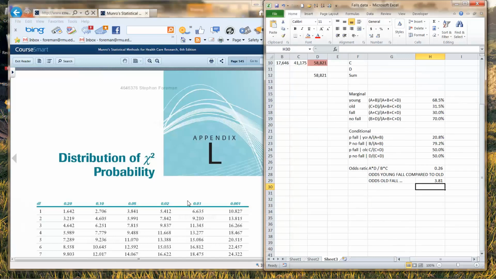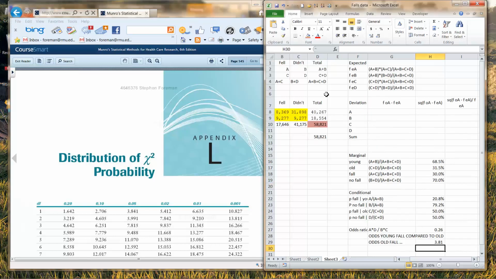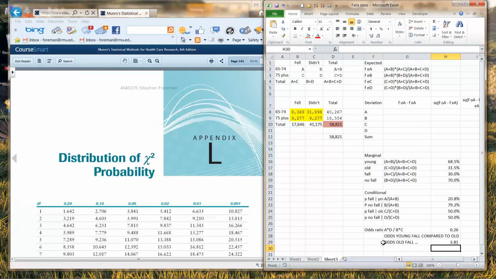Remember, our degrees of freedom are the number of degrees of freedom in columns multiplied by the rows. So we have 2 columns, so it's 2 minus 1 since we're doing the chi-square statistic. So it's the degrees of freedom column, 2 minus 1 is 1.